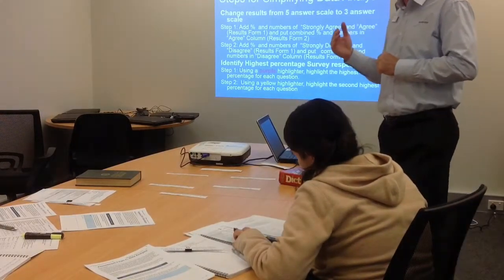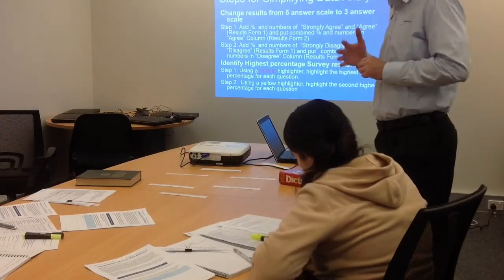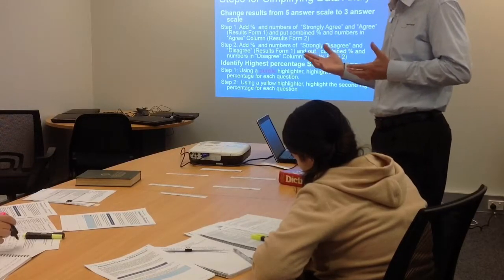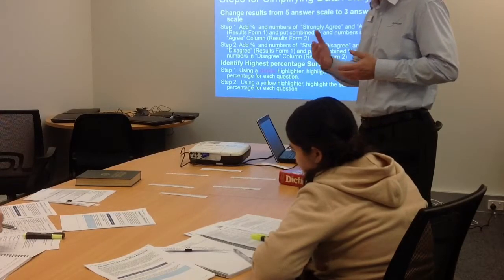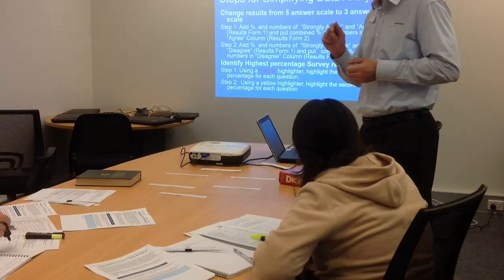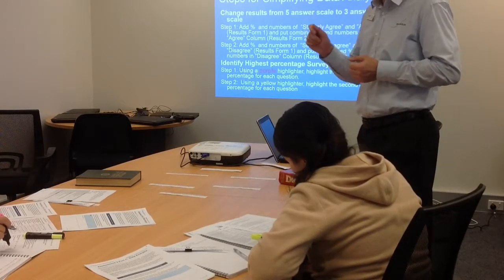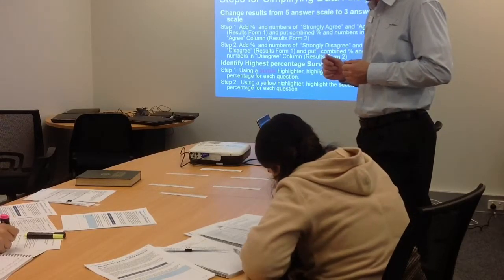So for example, question one, you look at which of those three columns has the largest one, which is? Just give me the first one. So what would you do for the first one? This is great, 62%. What do you do with that? Purple. So let's highlight that purple.